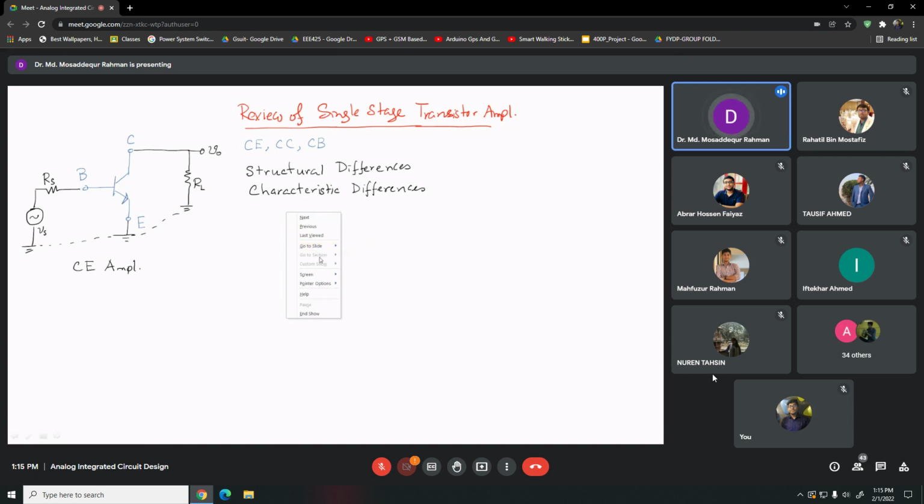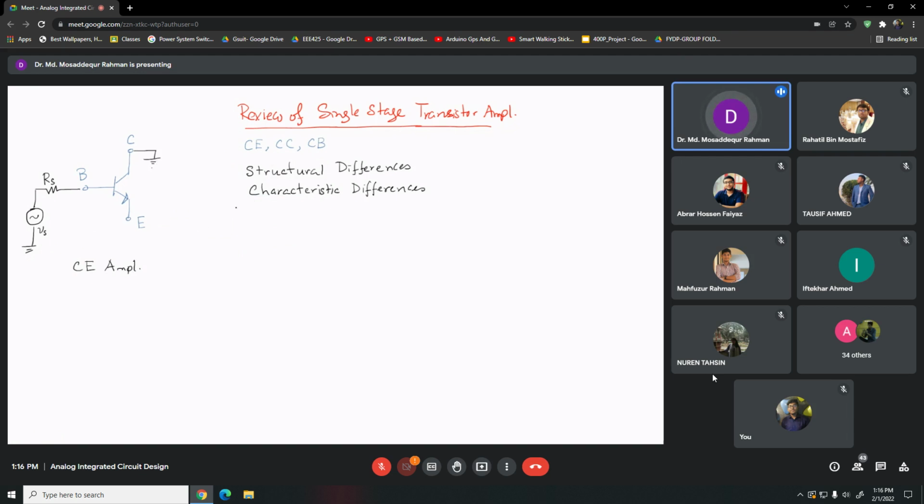So then common collector. When we say common collector, what we do? In common collector, we ground the collector.